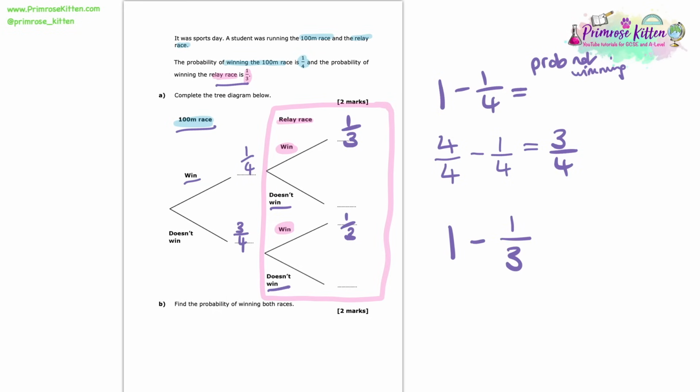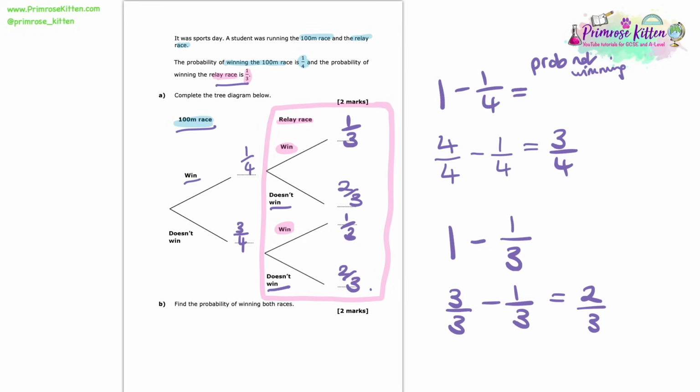So in order to subtract this here, let's convert 1 whole into thirds. So 1 whole would be 3/3. And then we need to subtract the 1/3 from that. So again, like we said before, when we're adding or subtracting fractions, we keep the bottom the same, then we add or subtract the top. So 3 minus 1 is going to give us 2. So here we get 2/3. Perfect. So that there is our tree diagram completed.